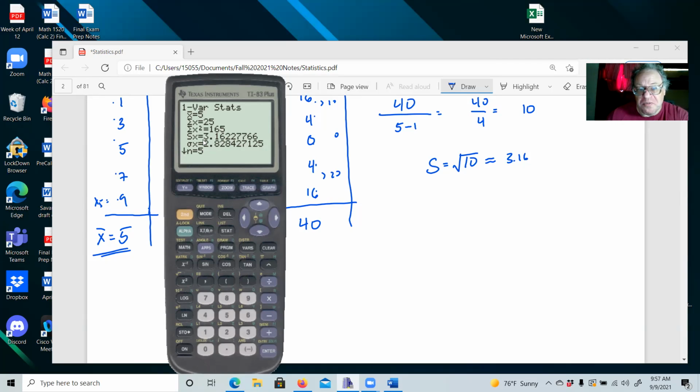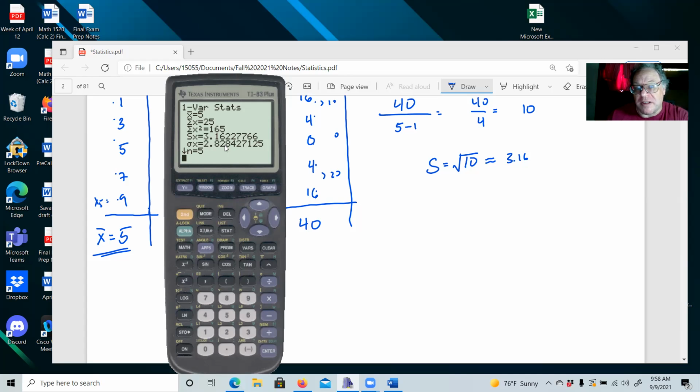When I ask you, tell me the standard deviation, tell me the sample standard deviation, you are not going to just vomit out the contents of the calculator. I don't want you to just write down everything the calculator told you. I want you to tell me this one. Or if I ask for population, I want you to just tell me this one.